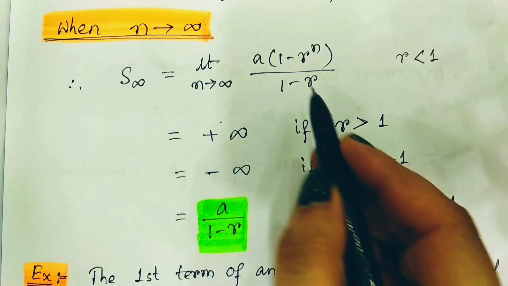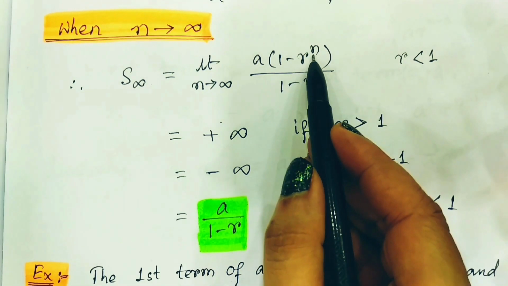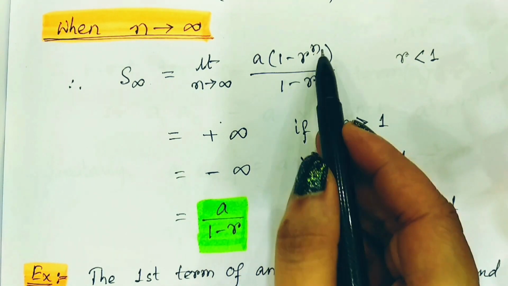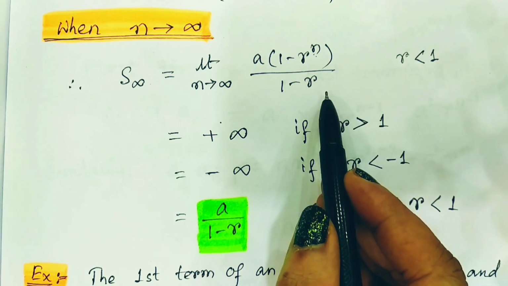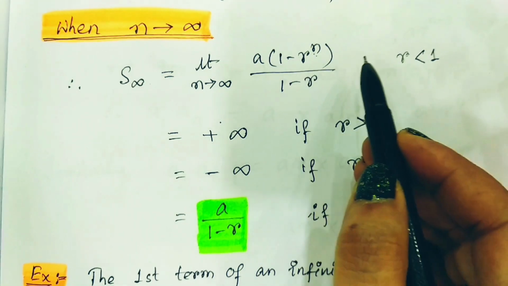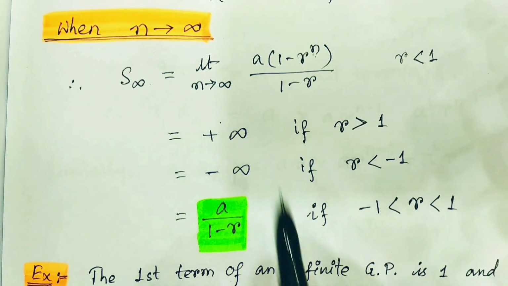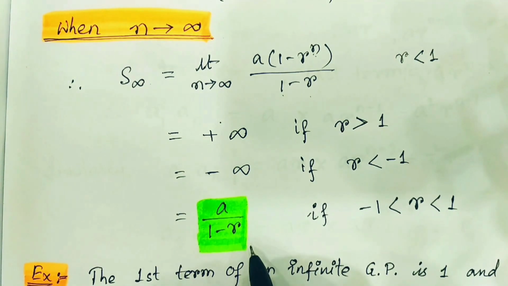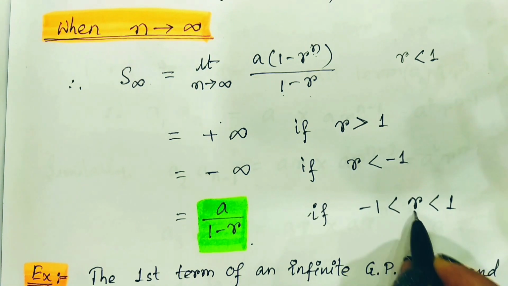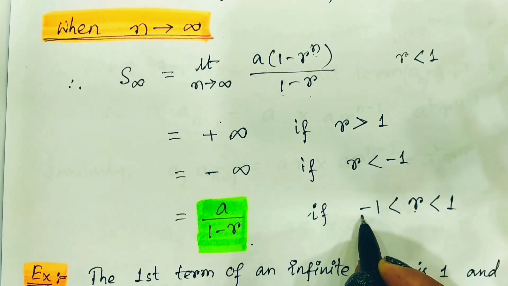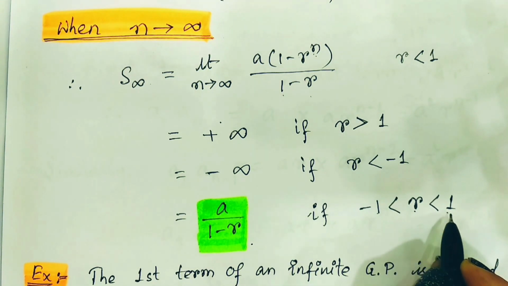So if we substitute n tends to infinity, then r to the power n tends to 0. So finally we are left with a divided by 1 minus r. In that case r value should lie between minus 1 and plus 1, that you should remember and ensure.